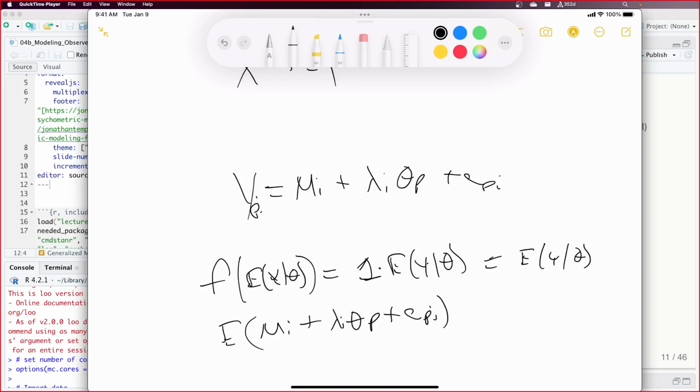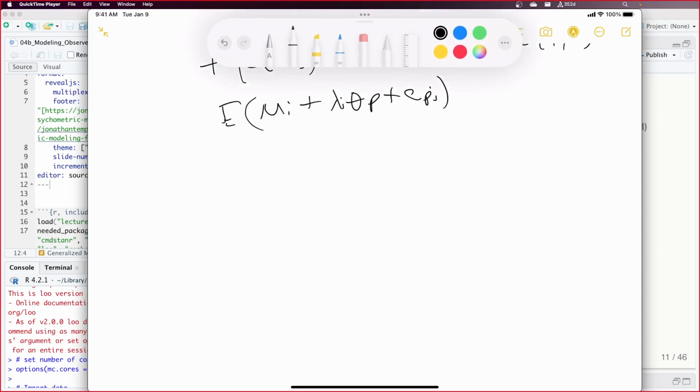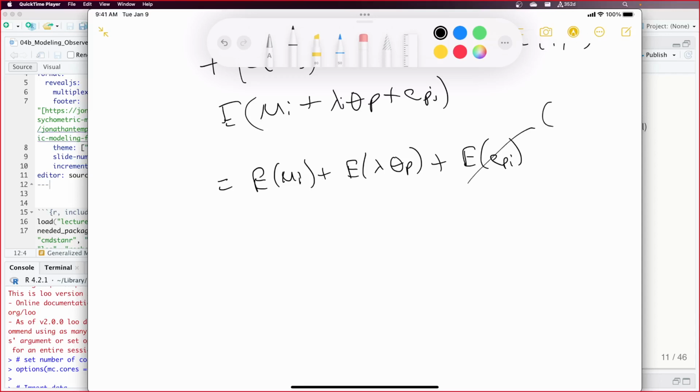Now we can do a little bit of algebra. If you're used to mathematical statistics, this is what we call the algebra of expectations. We can distribute the expectation through this linear component. So this is equal to the expected value of mu plus the expected value of lambda theta p plus the expected value of error p, right? The expected value is another term for mean. What is the mean of error that we defined? 0. 0 by definition, so that goes away.